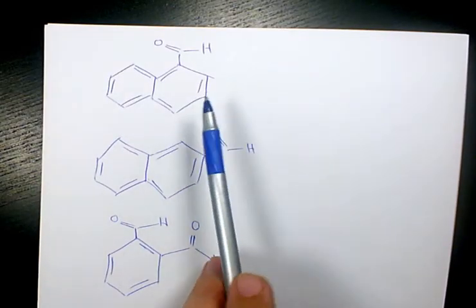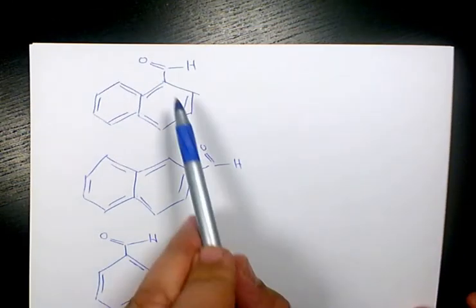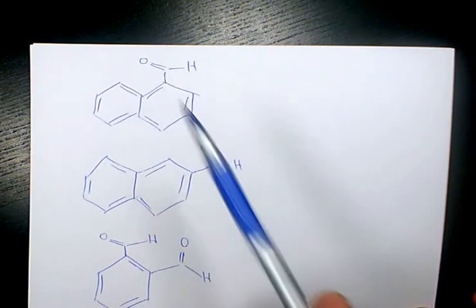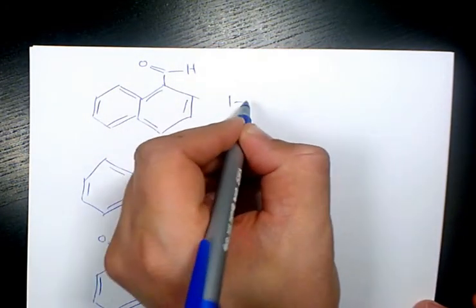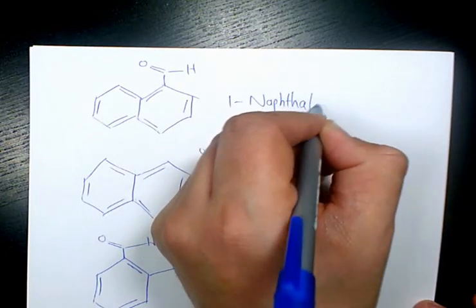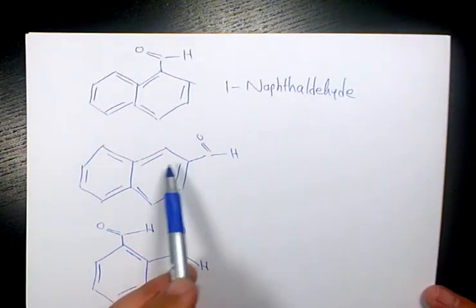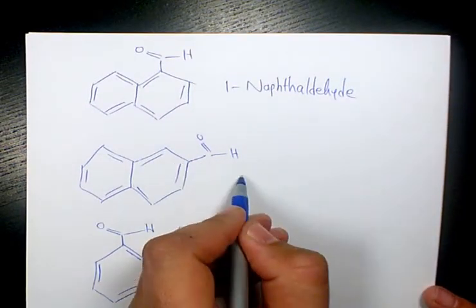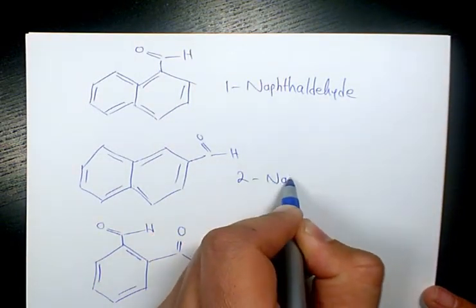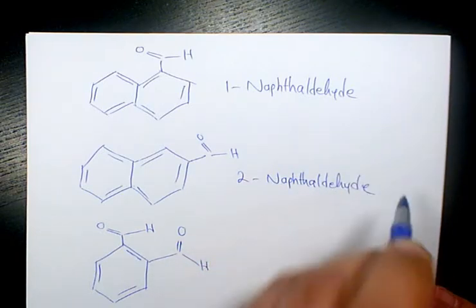In this molecule we have naphthalene and aldehyde. When we need to name it, this is going to be number 1. So I'm going to call it 1-naphthaldehyde. This one is going to be on the second, and I'm going to call it 2-naphthaldehyde.